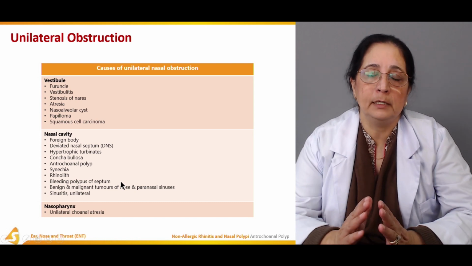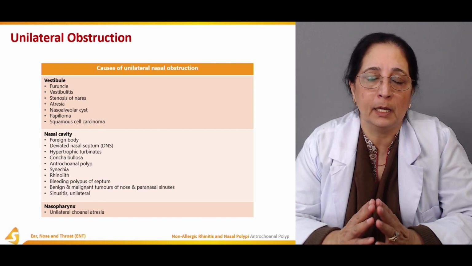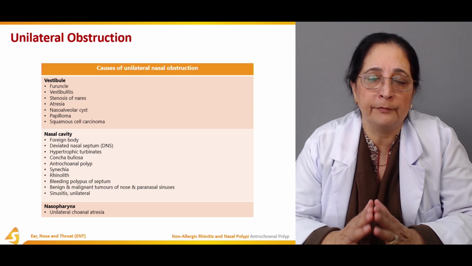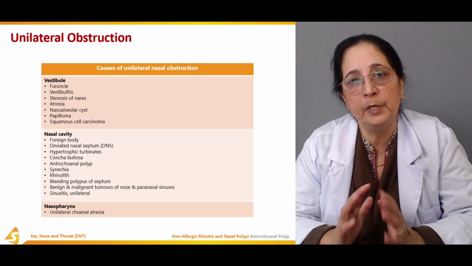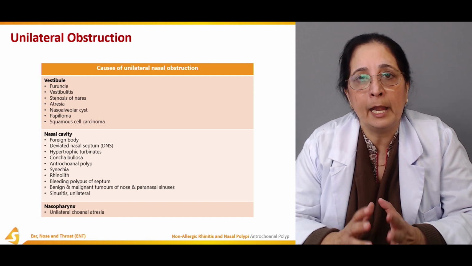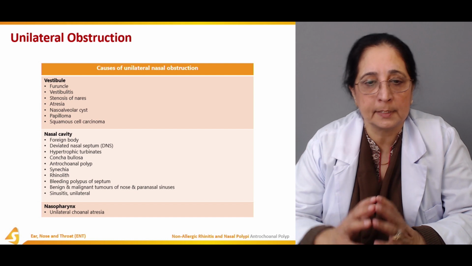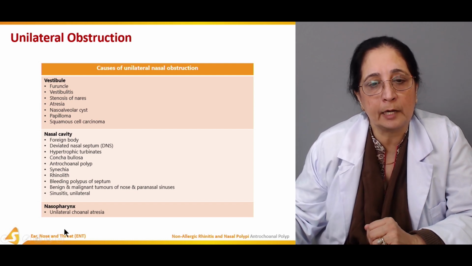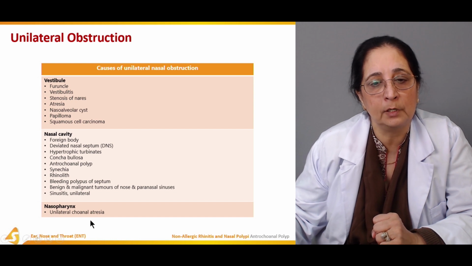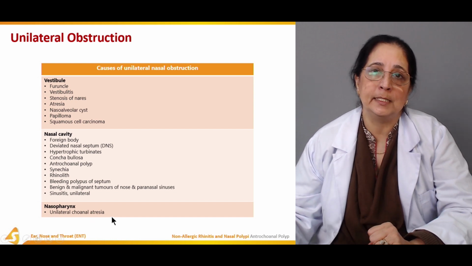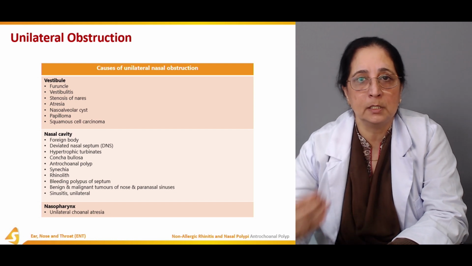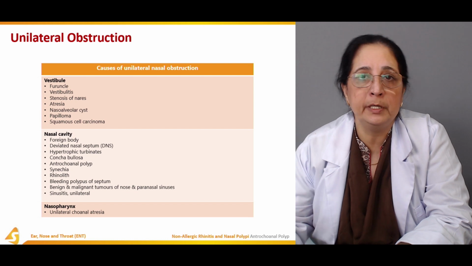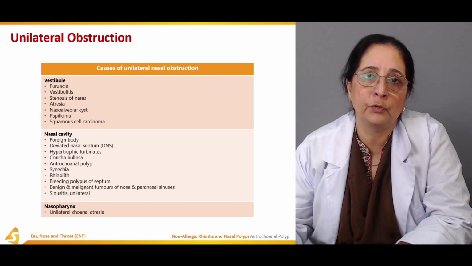All these are differential diagnoses that should be differentiated from antrochoanal polyps. Then in the nasopharynx, the cause of unilateral obstruction is unilateral choanal atresia. All these are the causes of unilateral nasal obstruction that should be differentiated from antrochoanal polyp.